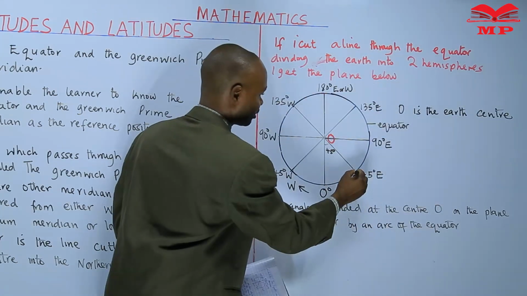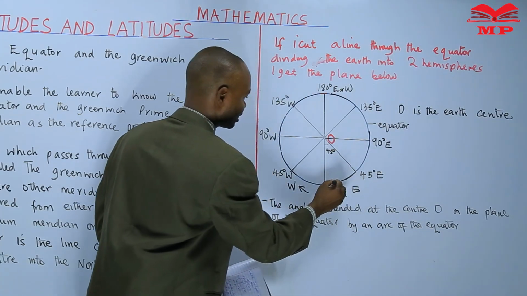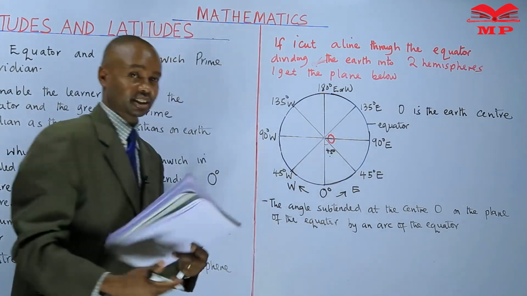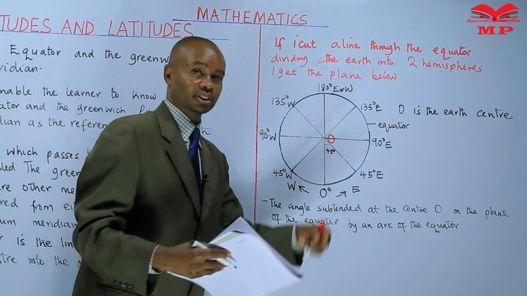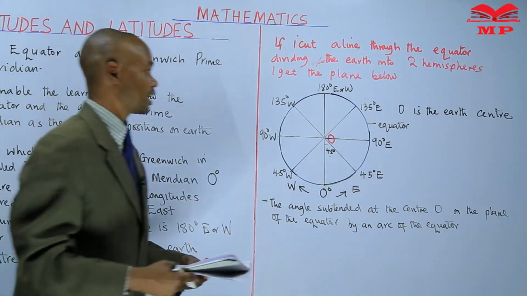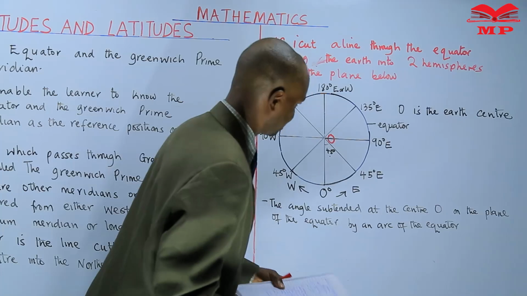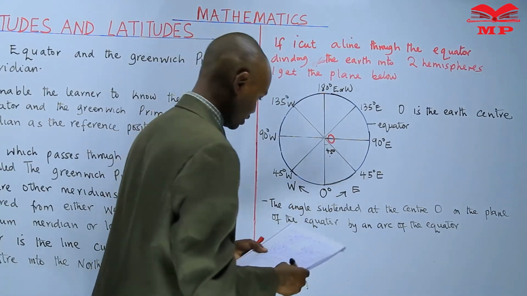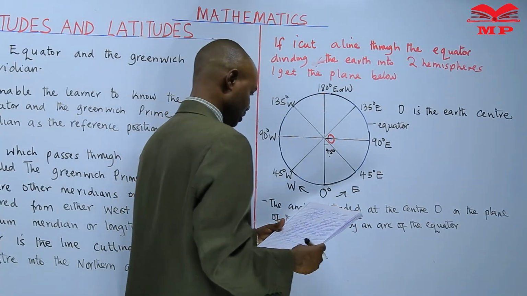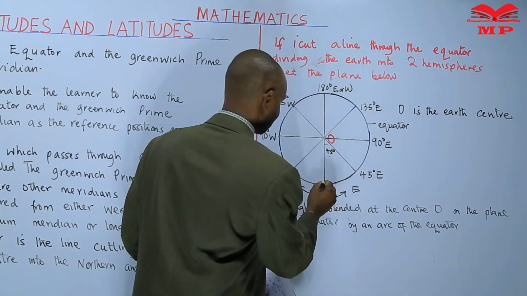When I say an arc of the equator, I'm referring to something like this. So this is the angle subtended. That's why we shall call this longitude 45 degrees east, meridian 45 degrees east, by an arc of the equator between the Greenwich prime meridian.